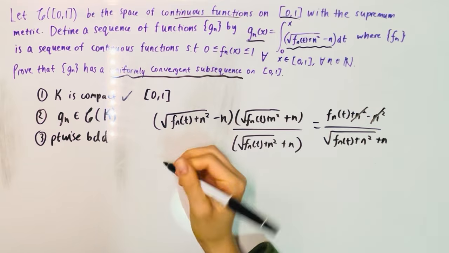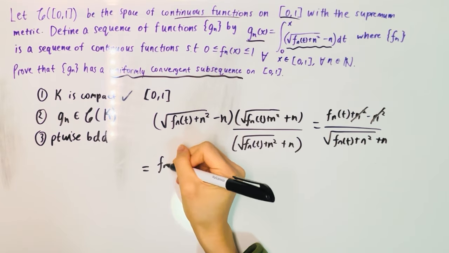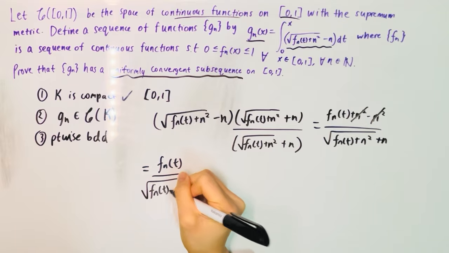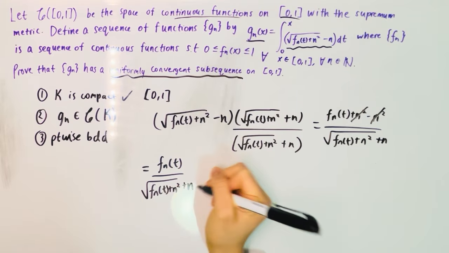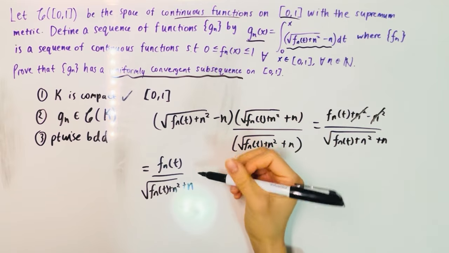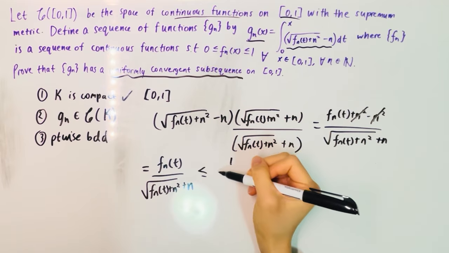These cancel, and we get that that's equal to f sub n t over the square root of f sub n t plus n squared, plus n. And notice that since f sub n is bounded above by 1, the numerator is bounded above by 1.